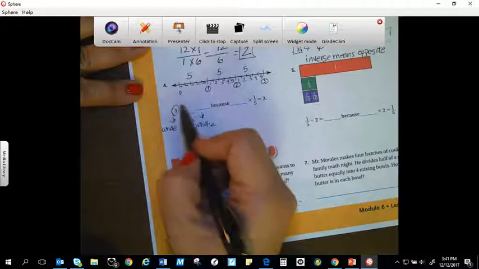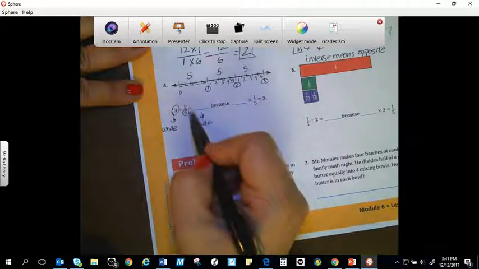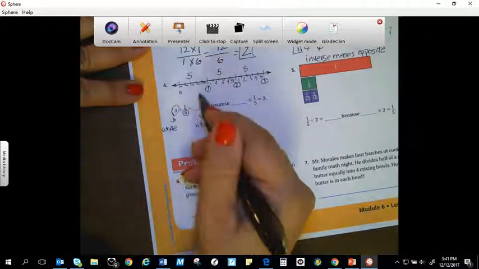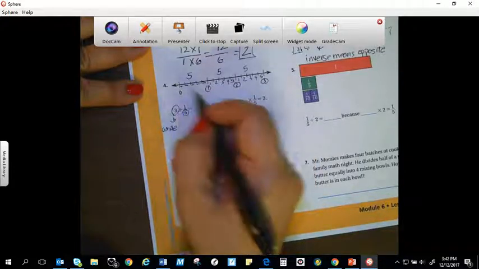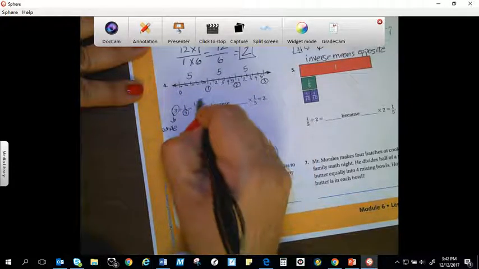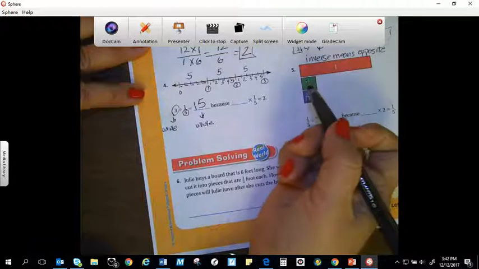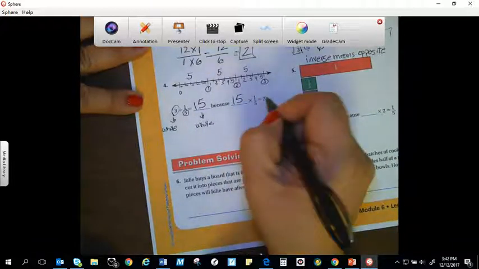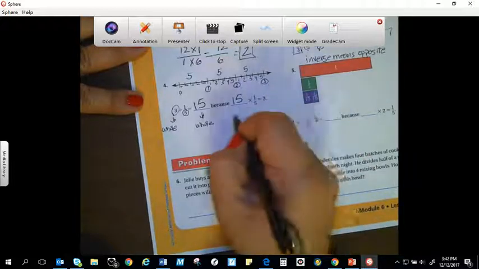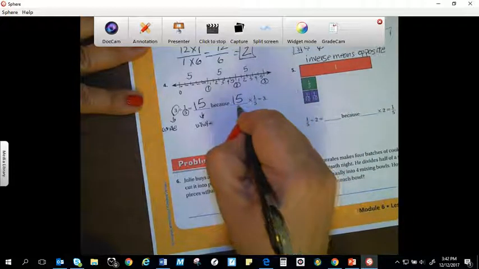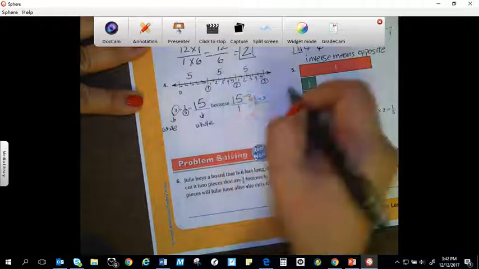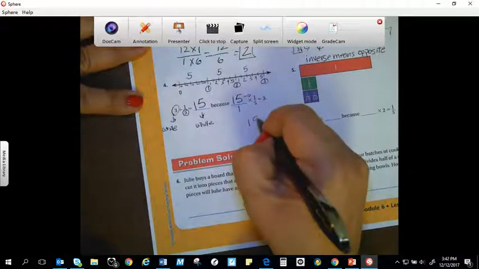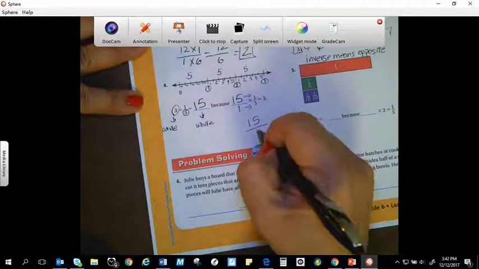So if I took 3 and divided those all into 1/5 equal parts, into 5 equal parts, I'm going to have a total of 15 equal parts, because 15 times 1/5 will equal 3. So now to prove that, I put this over 1. 15 times 1 equals 15. 1 times 5 equals 5.